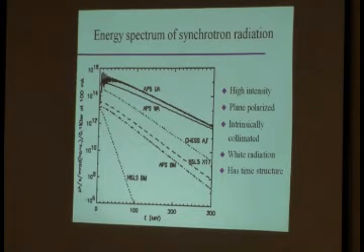Well, here is your energy spectrum of synchrotron radiation. These are beamlines at a bunch of different synchrotrons. National Synchrotron Light Source at Brookhaven National Lab out on Long Island. This is a typical bending magnet there. This is the energy spectrum that you get when you use what is called an insertion device. This is actually a wiggler, one of those things that wiggles the electron beam.